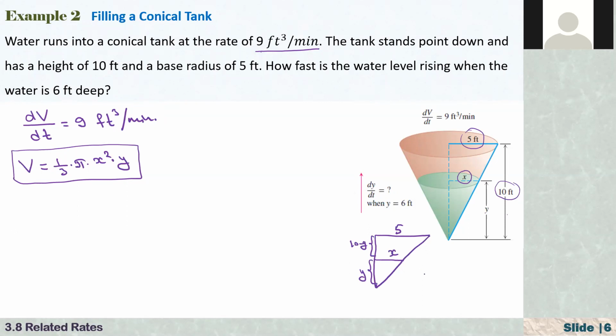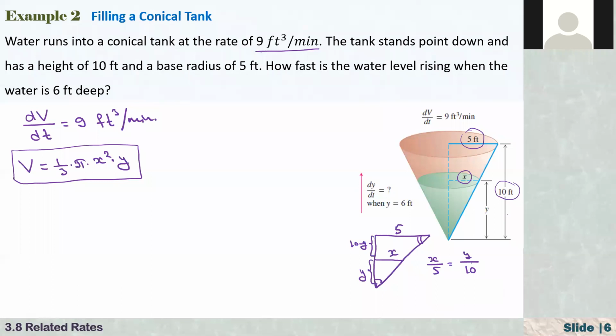From the similar triangles right here, we have x over 5, right? Opposite this angle, it is x over 5, equal to opposite this angle, and the small one is y over the big one, it is 10. So here we need to find, how fast is the water level rising when the water is 6 feet deep, right? So the water level is rising.